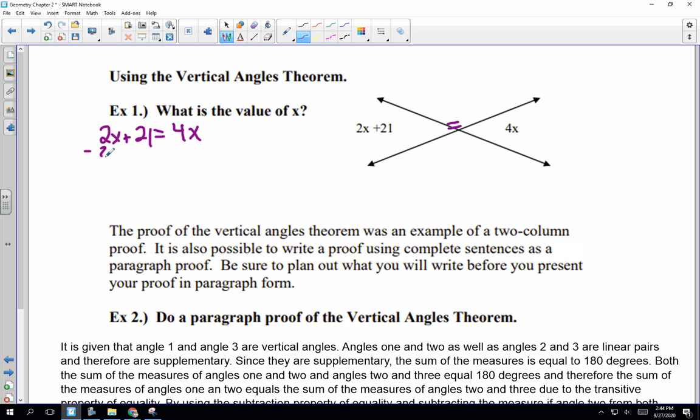I'm going to subtract 2x from both sides because I want to get all my x's on one side. 21 equals 2x. I'm then going to divide by 2. x equals half of 21. Well, half of 20 is 10, and half of 1 is 0.5.